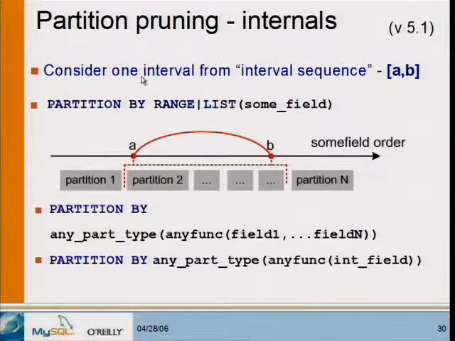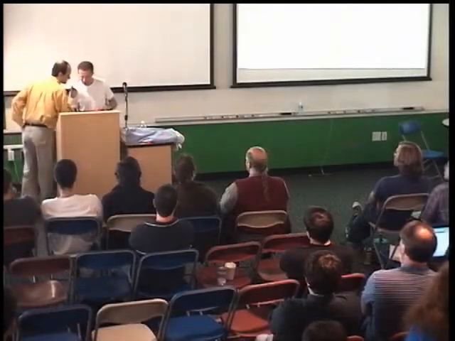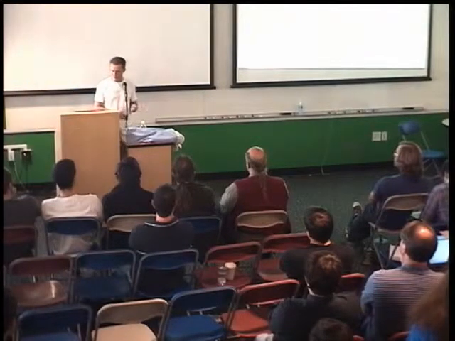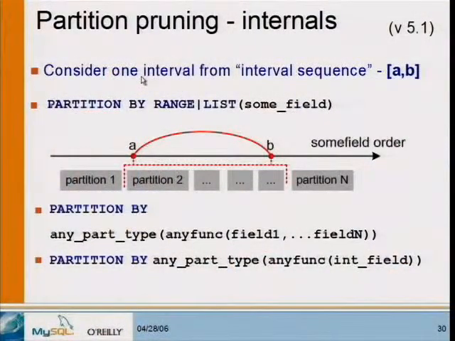And if the range does not overlap with the partition, we throw that partition away. So this is the general idea of partition pruning.